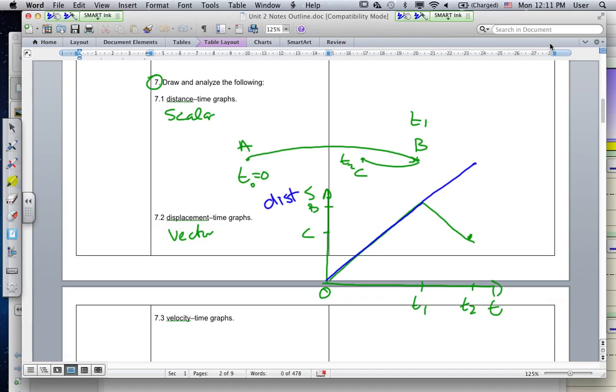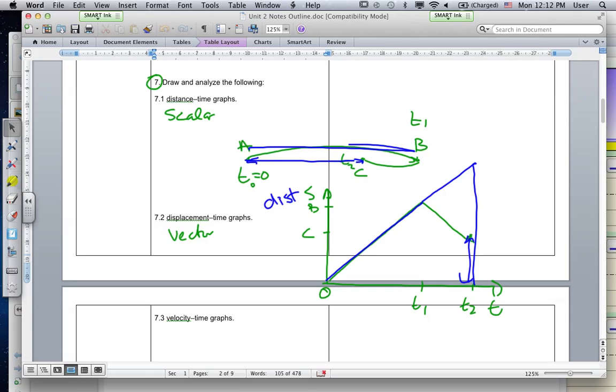So the final displacement is from A to C. That's your final displacement, that value over there. Your final distance is that plus that, which is that over there. So when you're dealing with distance-time and displacement-time graphs, your distance will always be adding on, while your displacement may well be subtracting if it's going in the opposite direction.